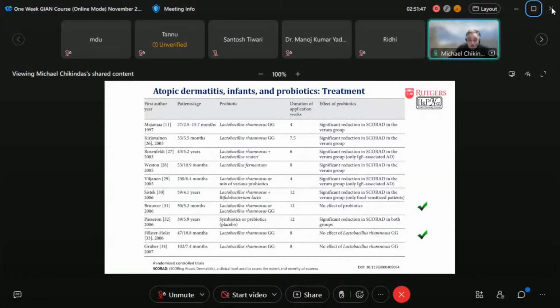Here we have other examples, and what do we have? Lactobacillus rhamnosus GG, the strain that we like very much, one of the most studied. We have mixed formulations, and in some of them the strains are not even mentioned.